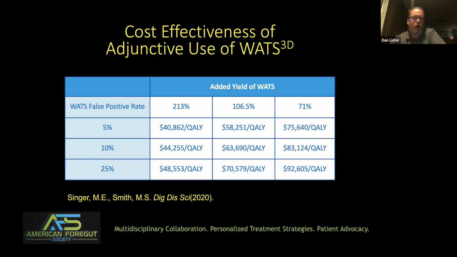You can see that all of these across the board came in much lower than $100,000 per quality adjusted life year, which is the cutoff to be cost effective when it comes to insurance companies, which we all have to fight with.